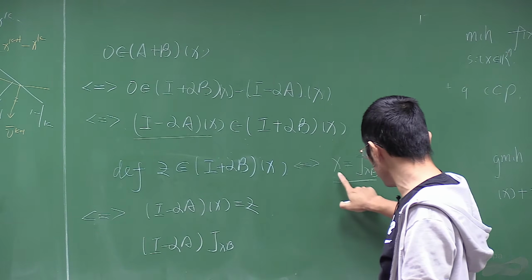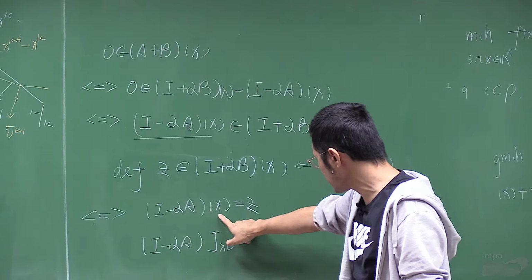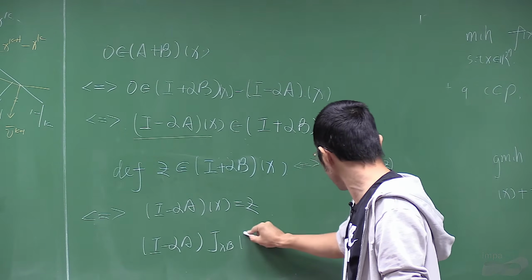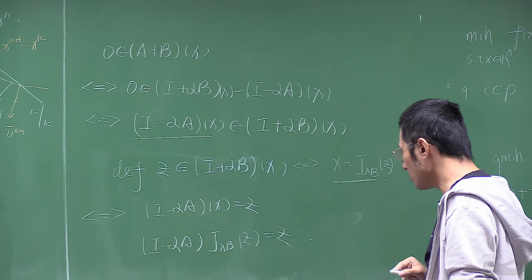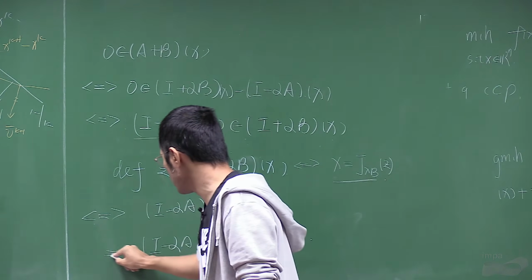And we use X equals the resolvent here, so this becomes (I minus alpha A) applied to the resolvent of Z equals Z, okay? So it is equivalent.